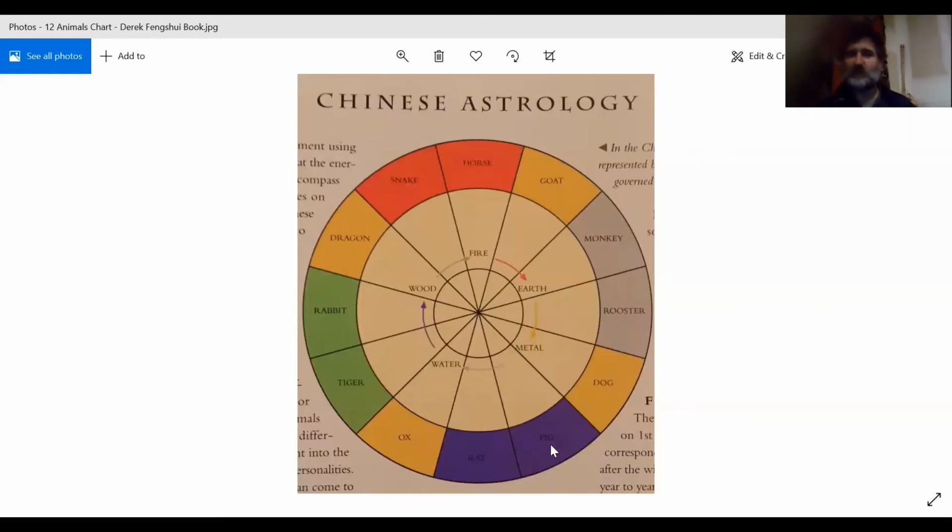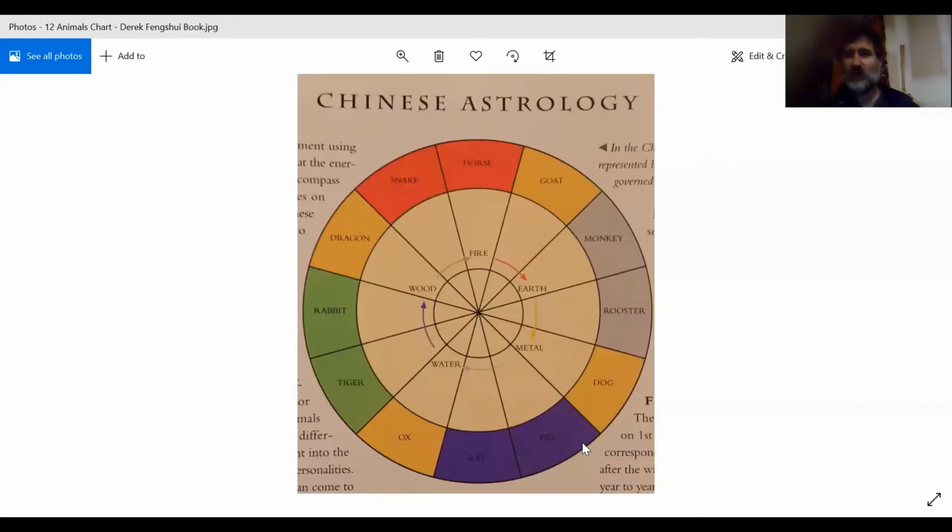So we can see in between each of the chi phases, there's earth. So earth transforms water into wood. Earth transforms wood into fire. Earth transforms fire into metal. Earth transforms metal back into water. So that's a good basic explanation of the 5 elemental chi phases.